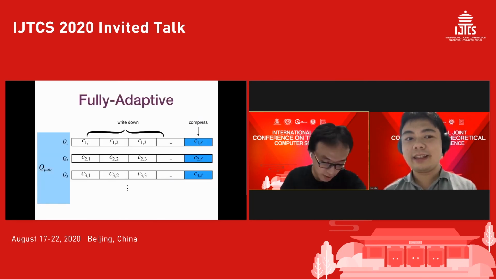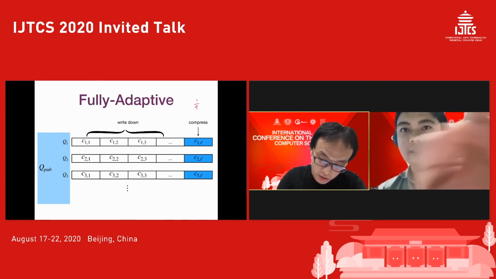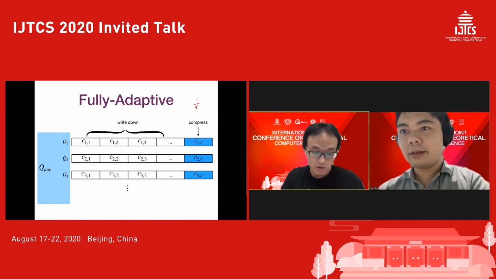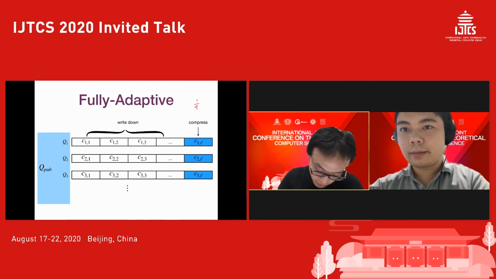We only compress a 1/t fraction of the cells. So our approach to deal with full adaptivity loses something. Our lower bound is n over log n times t squared, with log squared.